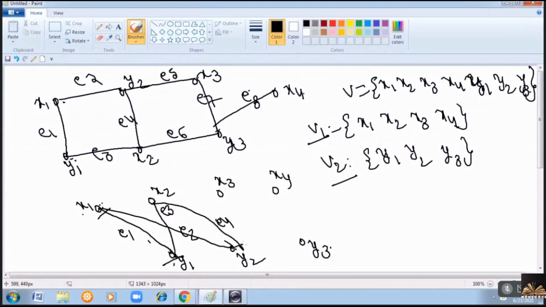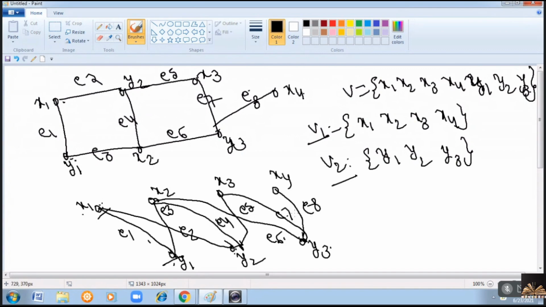Next, E5 is between Y2 and X3. E6 is between X2 and Y3. E7, X3 and Y3. E8, Y3 and X4.